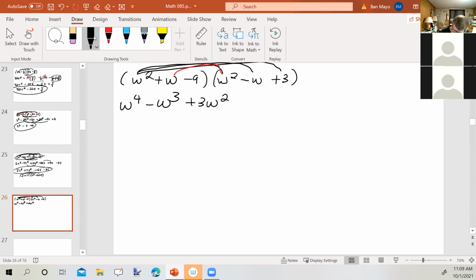W times W squared is W cubed. W times minus W is minus W squared. W times 3 is 3W. Let's move to the next set.